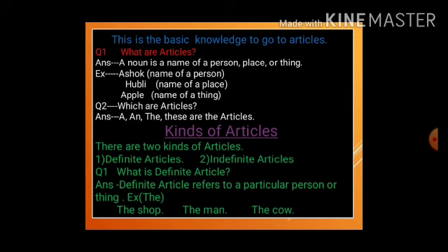Let us know about what is definite article. Definite article refers to a particular person or thing. The. Here, the is referred as definite article. For example, the shop, the man, the cow.